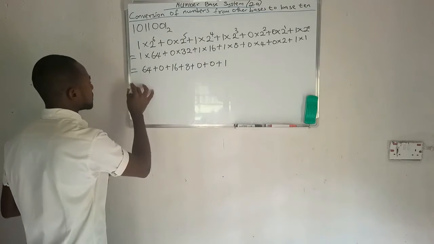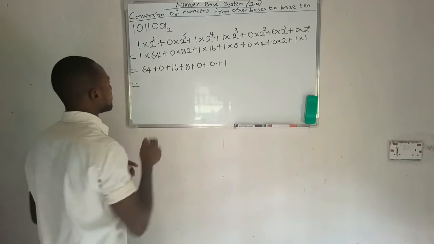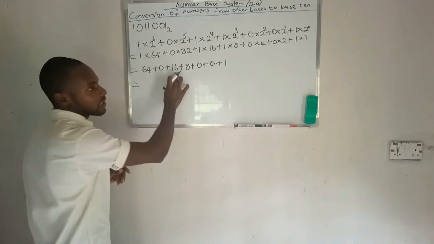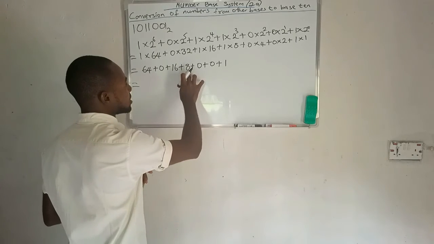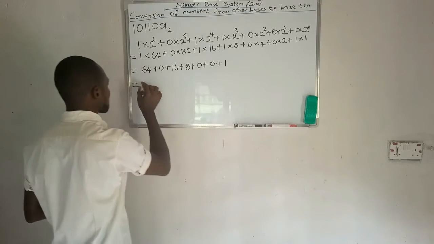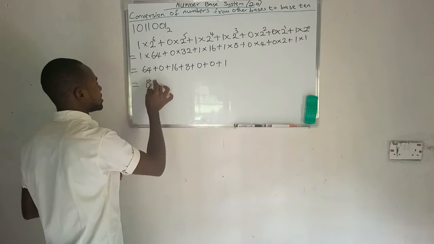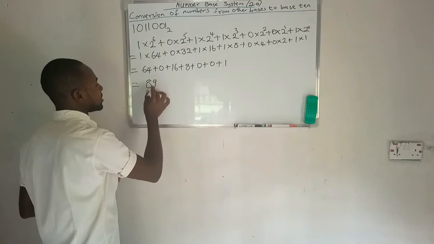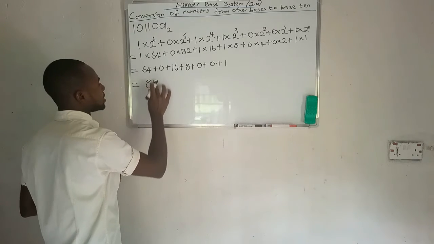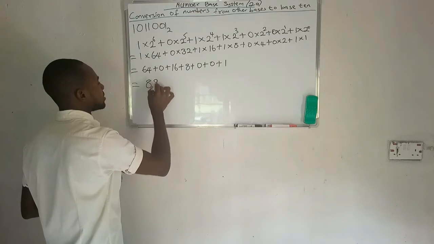So let's add them together. We'll have 64 plus 16, which is 80, plus 8, 88, and then plus 1, which is 89. And this is base 10. 89 base 10.